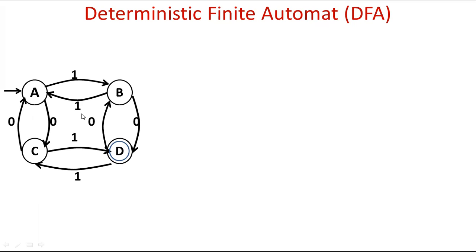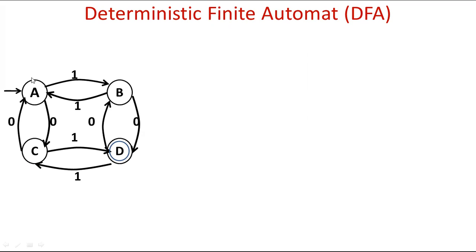If we are at state A and we get the input 1, we go from state A to state B. And if we are at state A and we get the input 0, then we go from state A to state C. If we are at state C and we get the input 1, we go to D. And if we are at state C and we get the input 0, we go to state A. So these labels are the inputs and the circles are the states. This shows how the state moves from one state to another after getting some input.